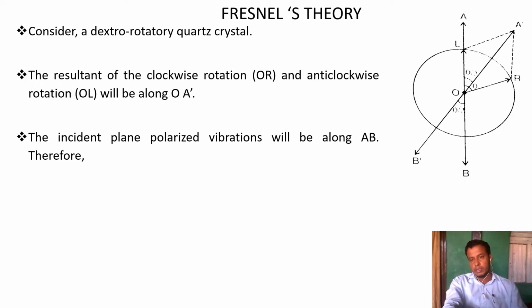So the resultant path is not along OA; it does not follow that way. It follows the resultant path in this way, because of the difference in their velocities.